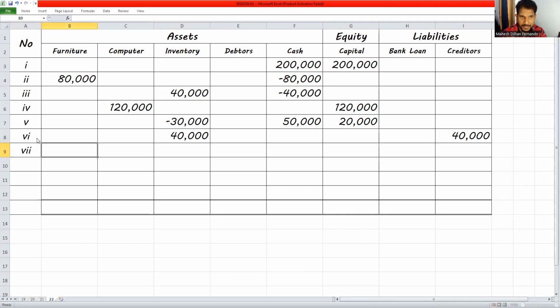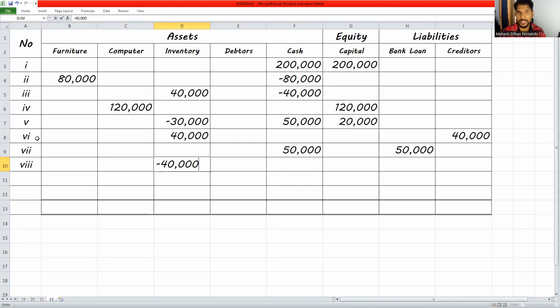Transaction number 7. Obtain a bank loan valued 50,000. Something which is useful, used to us, right? Cash plus 50 and bank loan plus 50. Number 8, sold goods valued 40,000 for 60,000 on credit.